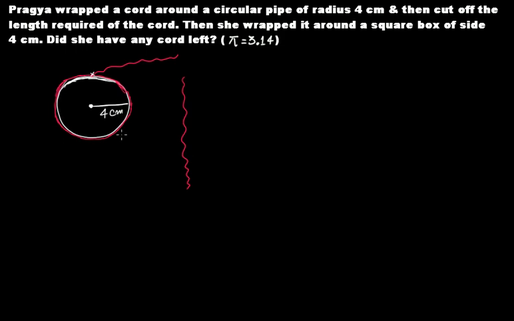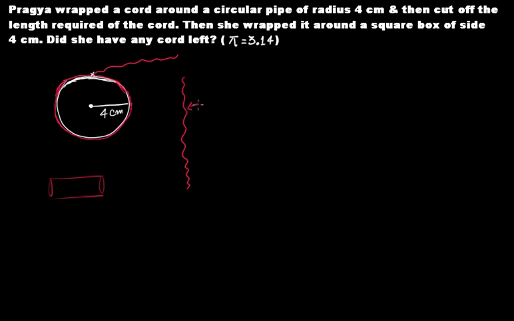The circumference of this circular pipe will be how much? Will be 2 pi r. Even though that is a pipe, its outer surface is actually a circle. So when she wraps around this pipe, she's actually wrapping around a circle. So the circumference of this circle will give the length of the cord that has been wrapped around this circular pipe.